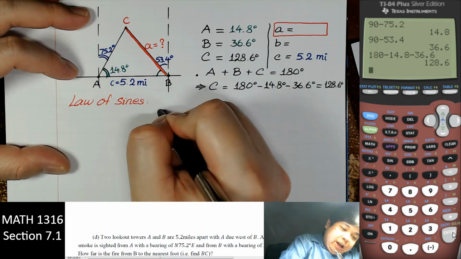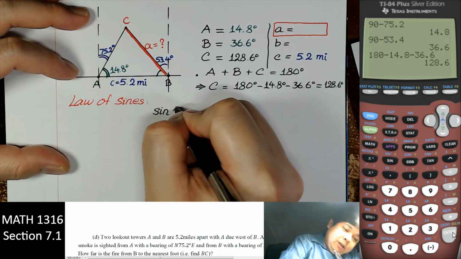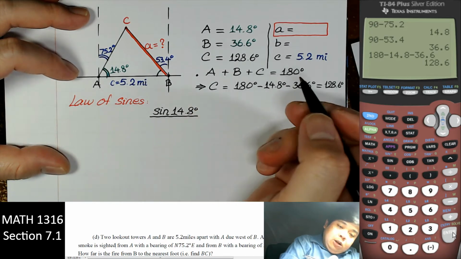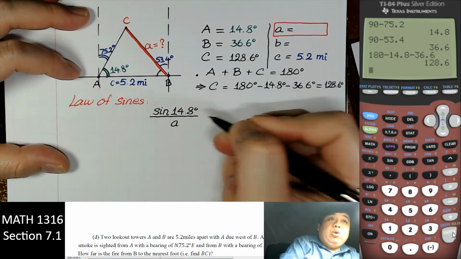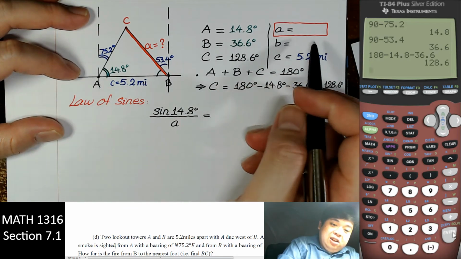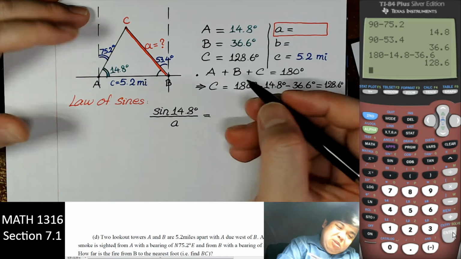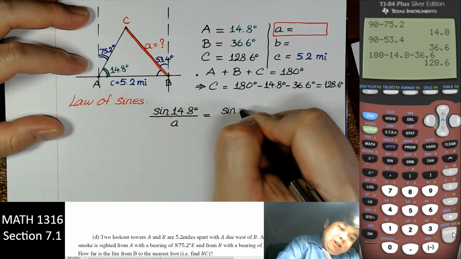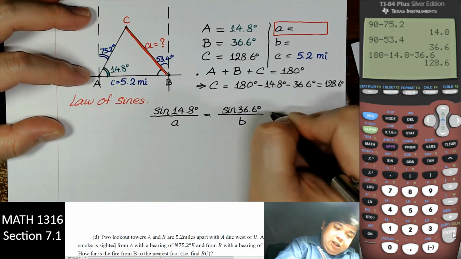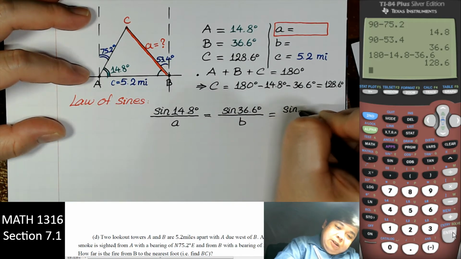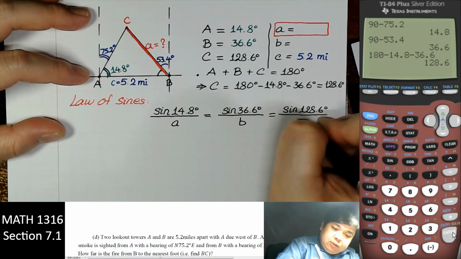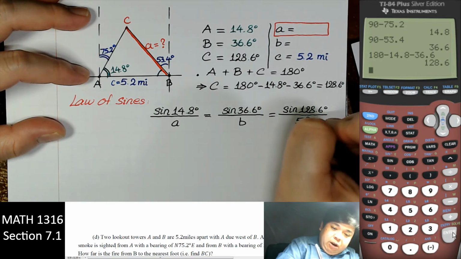So sine of angle A, 14.8, over a. Don't know that. sine of 36.6 over b; we don't even need this because we only need to find a, but I write that anyway. And sine of 128.6 divided by 5.2.